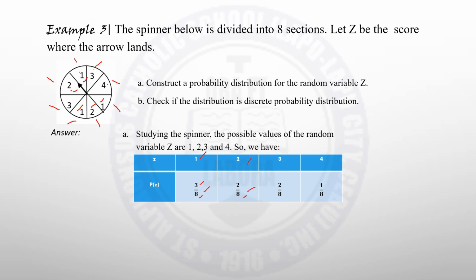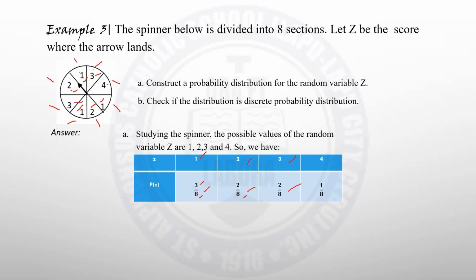Next, the probability of a number 3 is 2 over 8. 2 is in the numerator because there are 2 possible outcomes for 3. And 8 is the denominator.